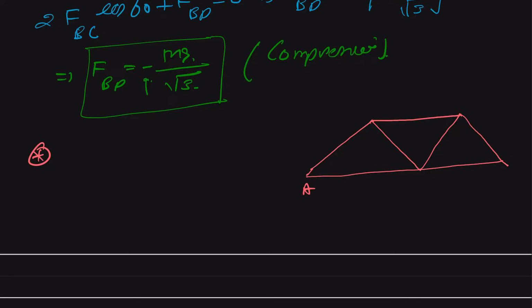We have our A, B, C, D and E, and we have an angle of 60. Therefore, we can divide into two components. We get this as our FAB sine of 60, and we get this as FAB cos of 60. Okay.